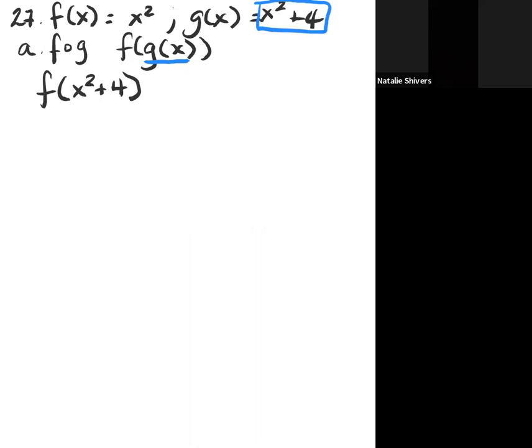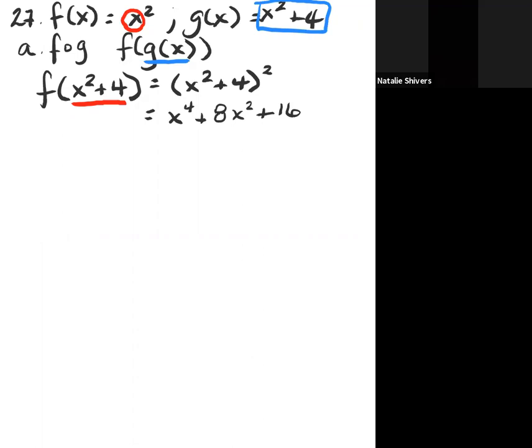Okay, so this says that I'm going to take x squared plus 4 and put it in for this x. Okay, so I get x squared plus 4 quantity squared. So I'm going to have to square it out, and I'm just going to do the perfect square binomial. X to the 4 plus 2 times 4 is 8, x squared plus 16.